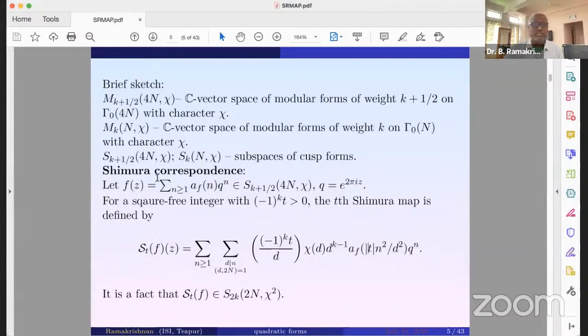So what is the Shimura correspondence? Briefly, f is a cusp form of weight k plus half, level 4N and character chi, with a_f(n) its Fourier coefficients, where the variable q is e to the 2 pi i z.